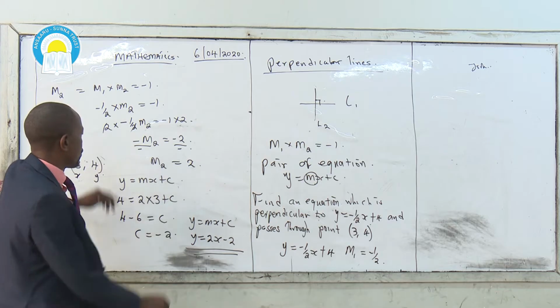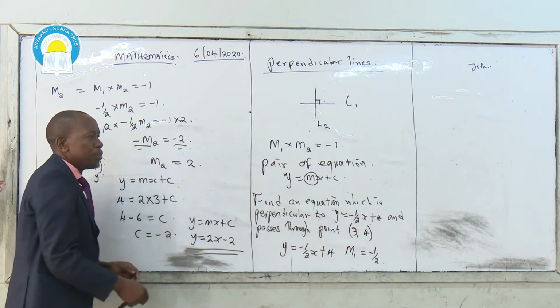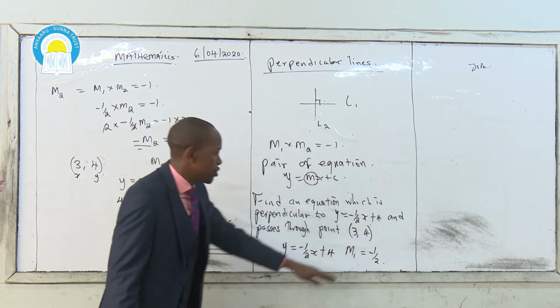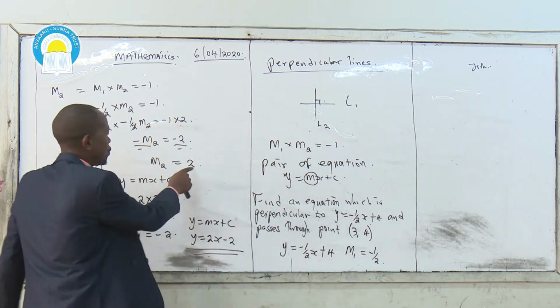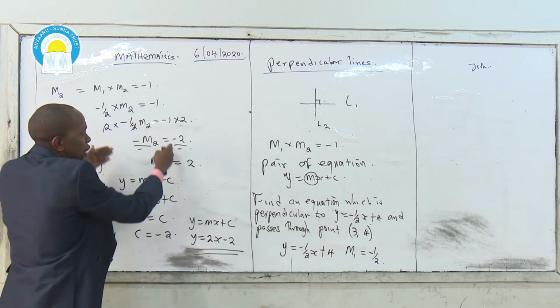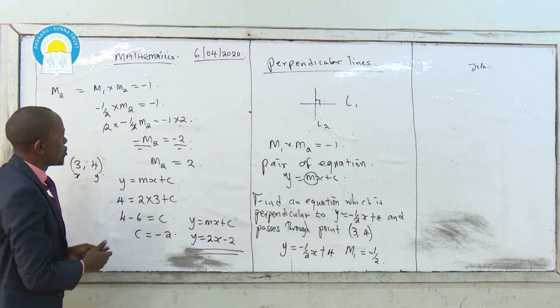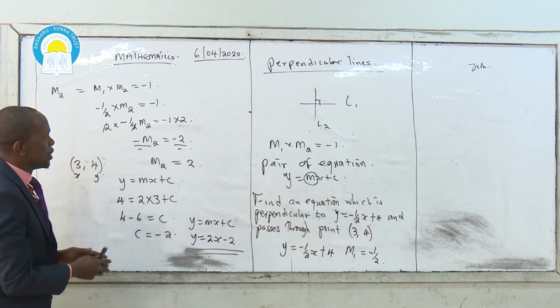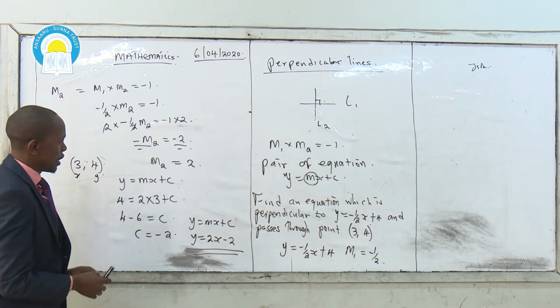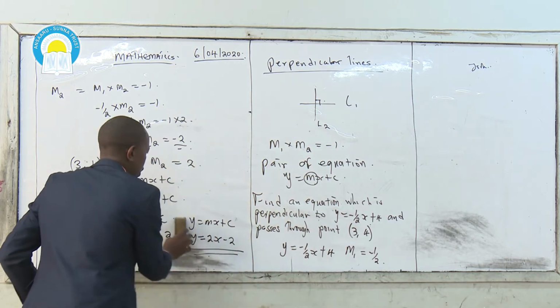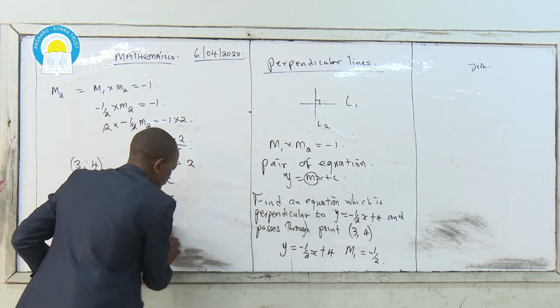You'll find that it will give you +2, because if this is -1/2, the reciprocal of this will be 2. Now, there is another way of finding it. That is what I've been using, and that's what I taught last time when we were dealing with these perpendicular lines. I just wanted to remind you of what we were dealing with in the last class.